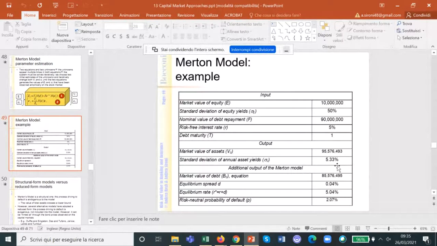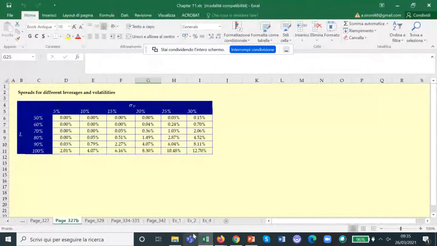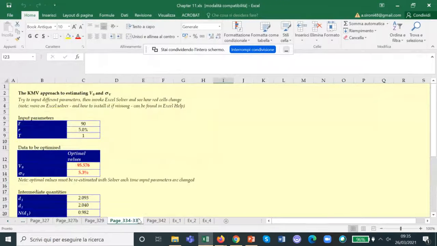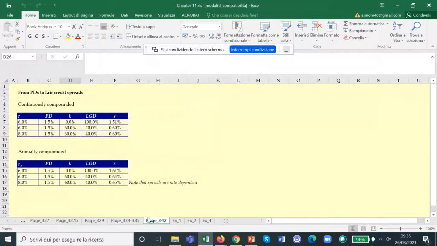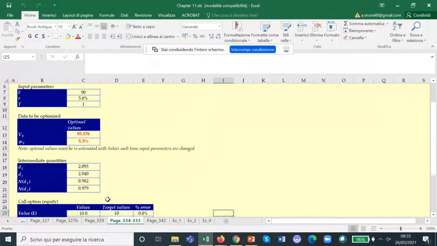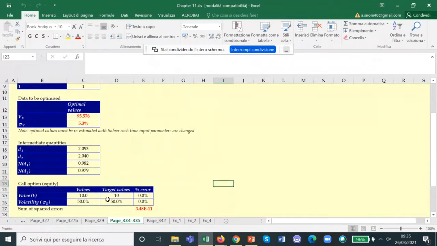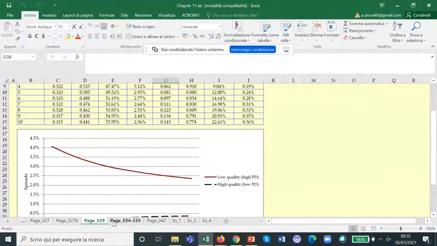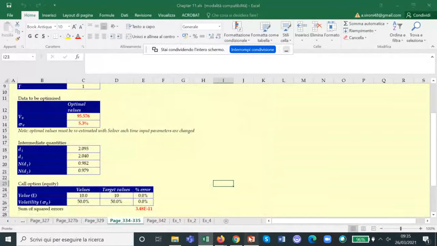This is done in this example, for example. And again, this is taken from the Excel file that you have, okay? Which is the one here. Yes, this is the example.